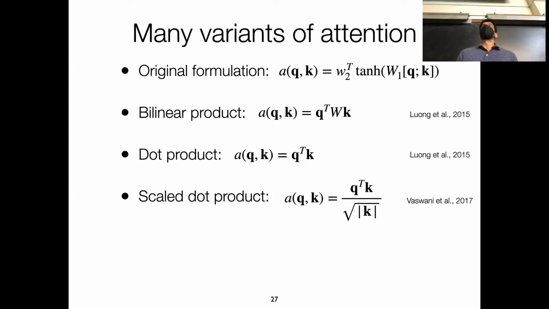All right, and we just talked about the dot product as our scoring function, but there are many other methods that have been proposed. The original formulation of attention in the paper that I think was your reading was not actually a dot product. You concatenate the query and key vector, project it using some learned matrix, then multiply the result with, or take the dot product with, a vector to get a single number.